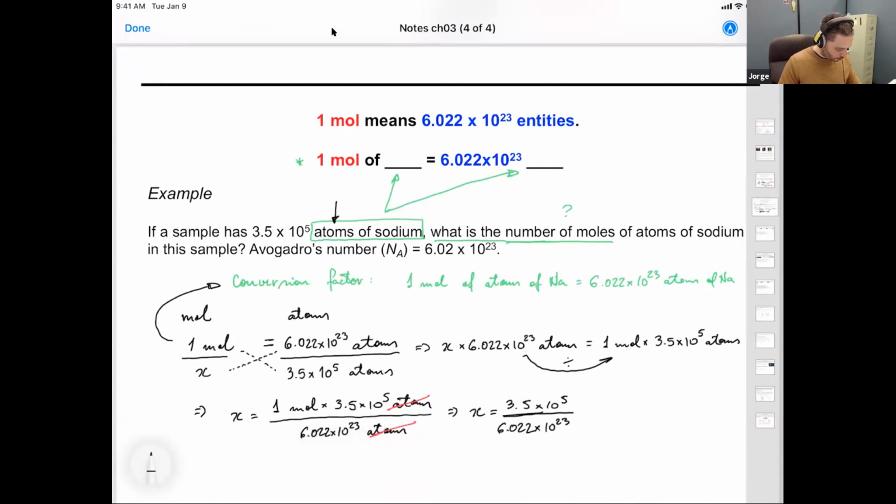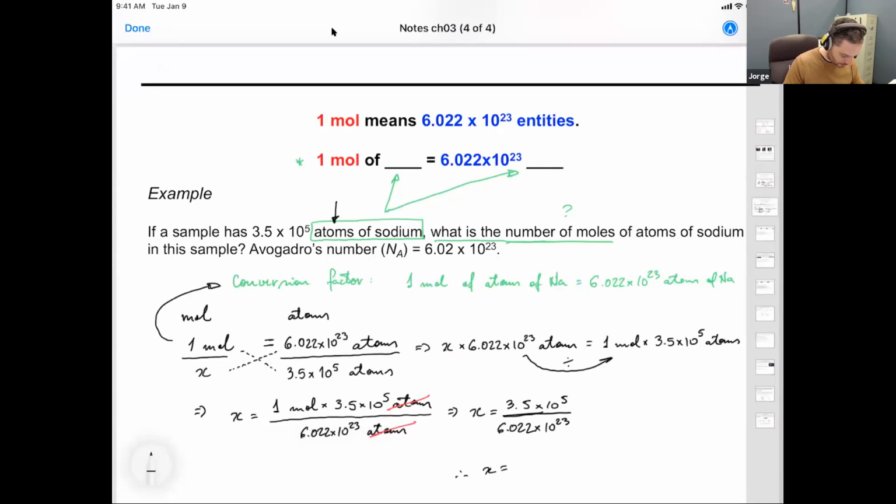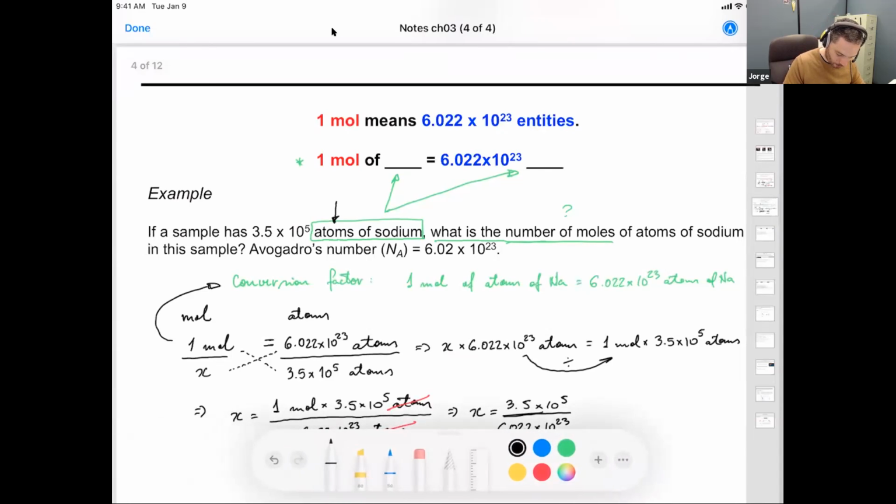Okay, so according to my math, let's organize this a little better. Therefore, x is 3.5 divided by 6.022, that's going to yield 0.58. Attention here with the power.